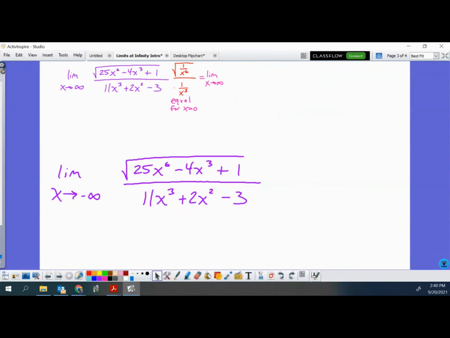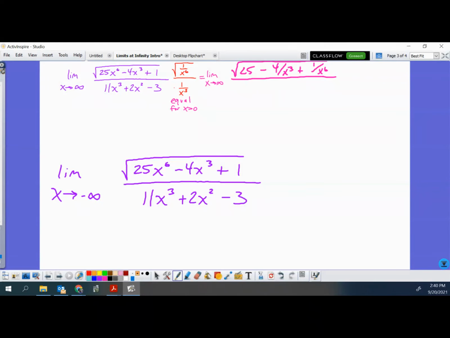We get the limit as x approaches infinity of, well, on top, if we distribute that 1 over x to the 6th into that square root, we're going to have the square root of 25, right? The x to the 6th cancel out. And then minus 4 over x cubed. And then plus 1 over x to the 6th.